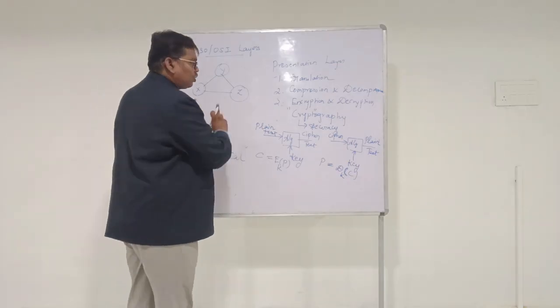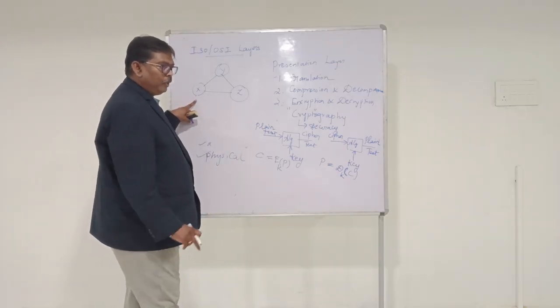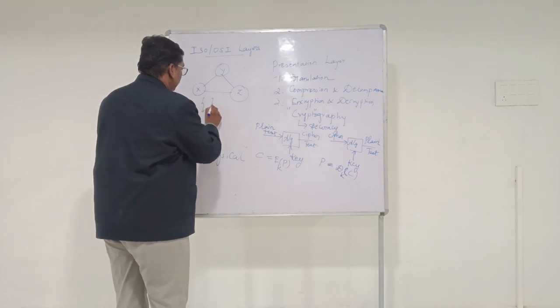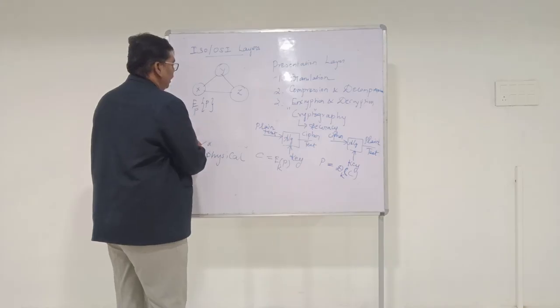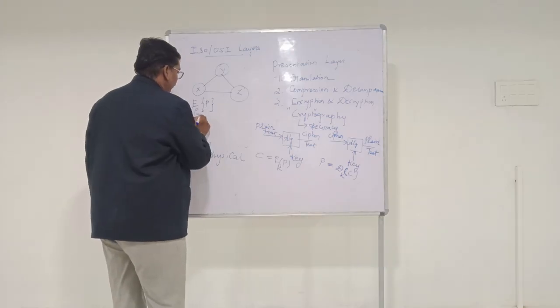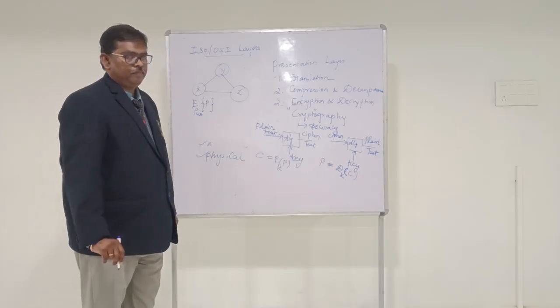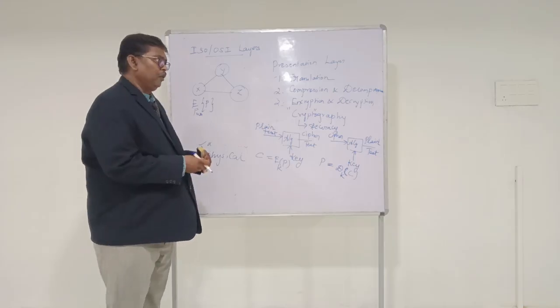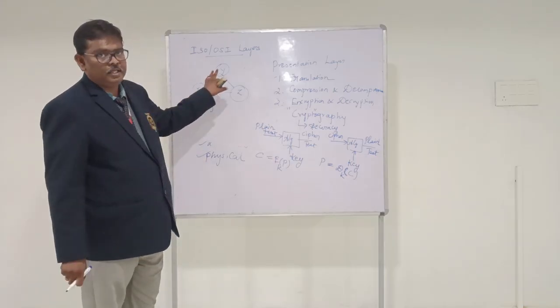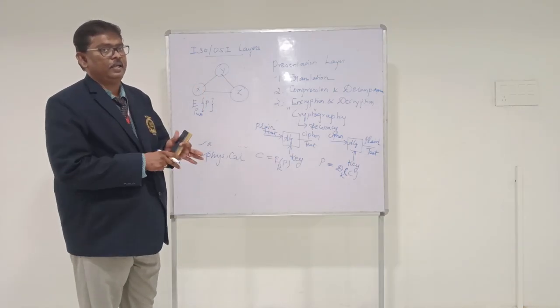So if X and Z want to communicate, the information, the plain text, will be encrypted using the public key of Z, PUZ. Now this information is passing to Z. Suppose the same information will reach Y also. We will see that in the later case.